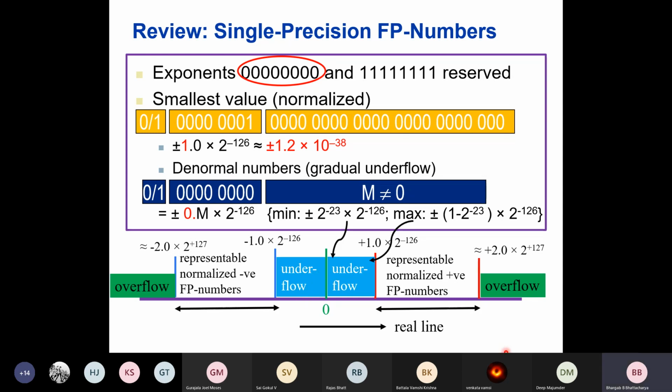This is what is called the denormal numbers. Previously, with only normalized numbers, the underflow region was so big, and because of denormal numbers, this boundary becomes closer to 0 on both the positive side and the negative side.